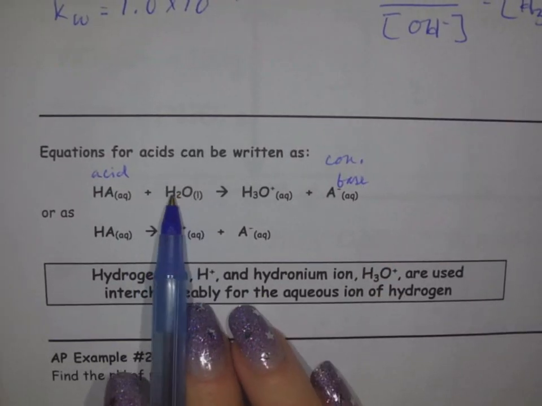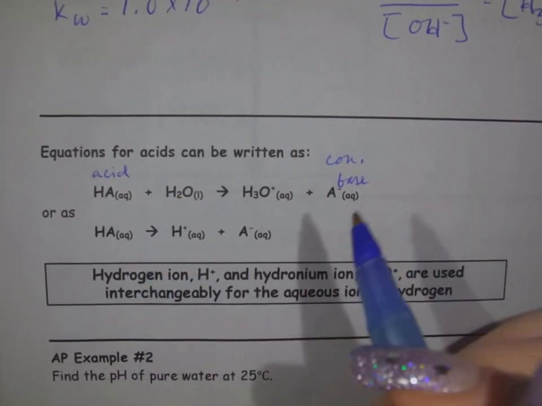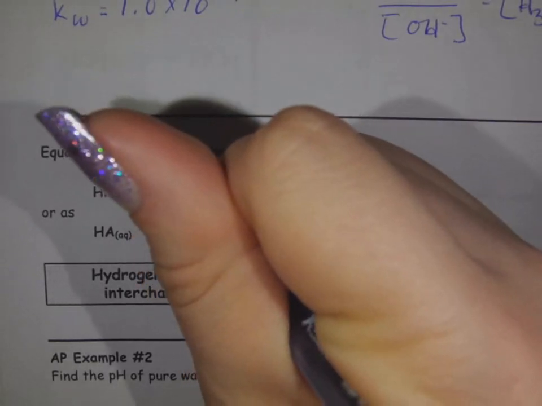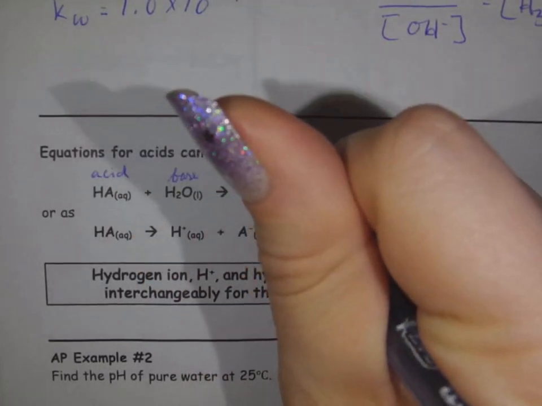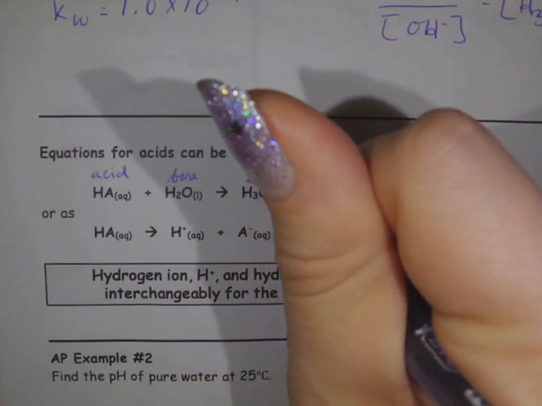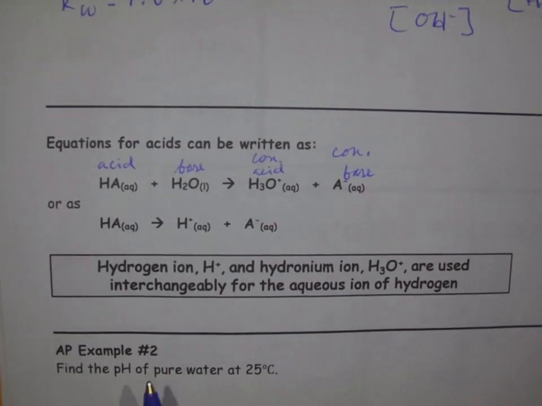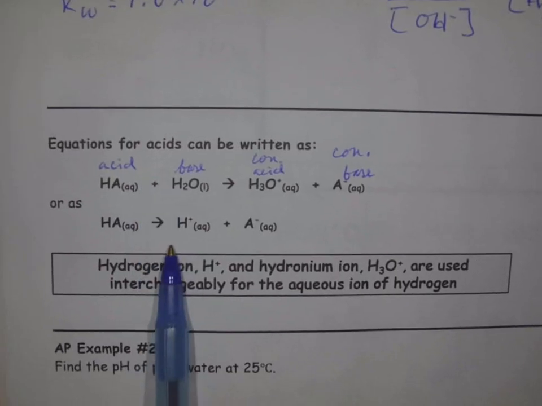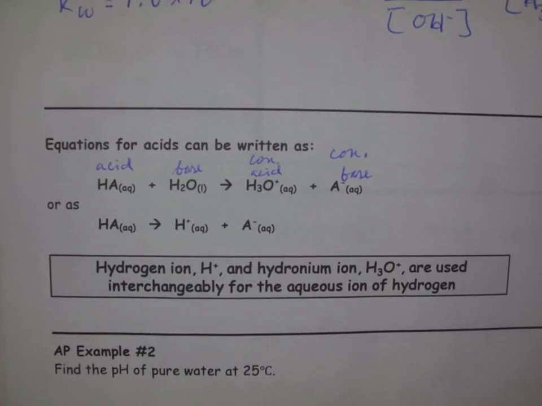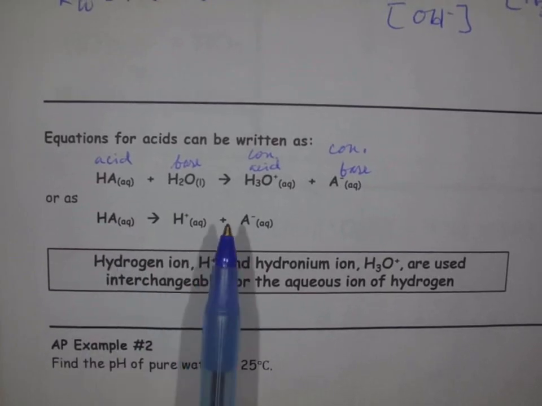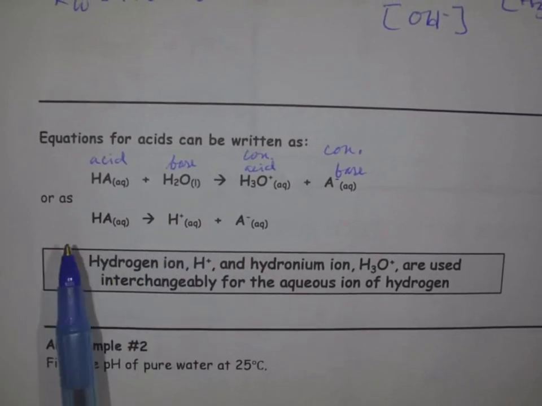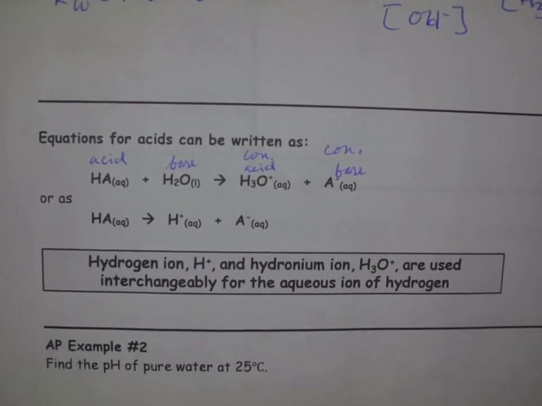And that we have water that's going to gain a hydrogen. That's what makes it a base. And this is its conjugate acid. Okay. Now, you can use either of these when it comes to doing calculations here in a little bit. But an acid, it just loses the hydrogen, right? The hydrogen, it ionizes, it breaks off of it. They break apart into ions.